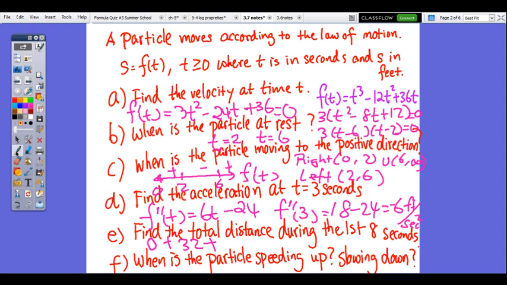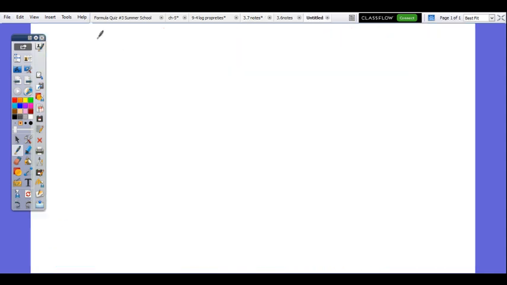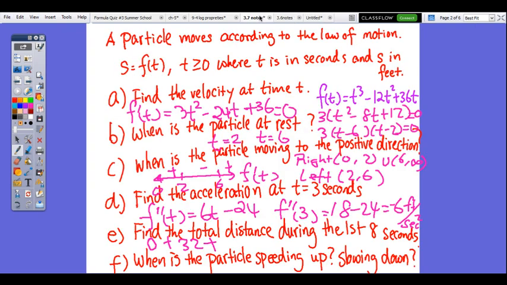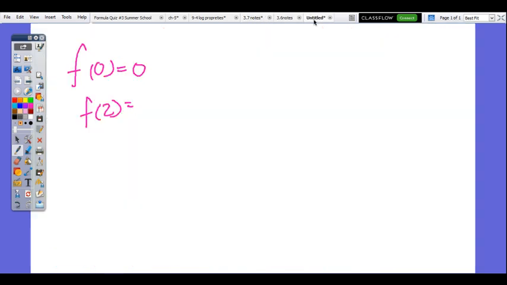Okay, so let me open up a new slide for this one. So you want to find the position at 0 seconds, so obviously 0. At 2 seconds, it's the one that we found, which is 32.